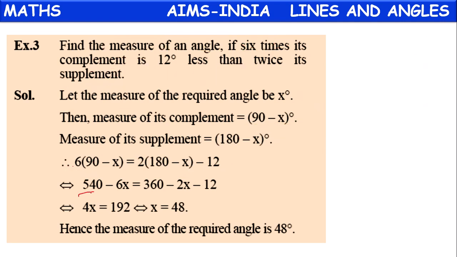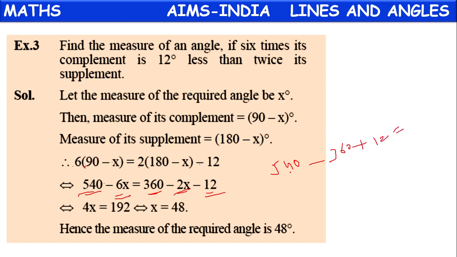So 6 into 90 is 540, 6 into minus x is minus 6x, 2 into 180 is 360, 2 into minus x is minus 2x, minus 12. If we take all numbers here, minus 2x will go to this side, so 6x will come to this side. On the right side we have 540, 360 will go to that side as minus 360, and minus 12 will go as plus 12.